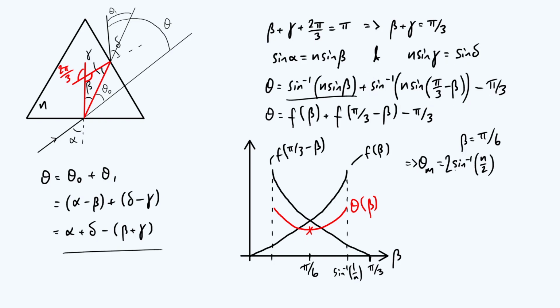And so I can just put a 2 in front because we've got 2 of the same contribution. So 2 inverse sine of n over 2, and then we've got our minus pi over 3 at the end. And there's an expression for the minimum possible deflection that you can get by shining a light ray onto an equilateral triangle-shaped prism.